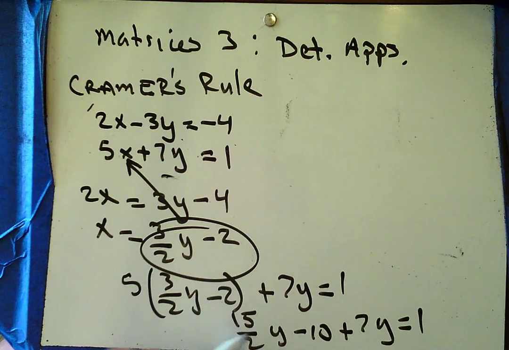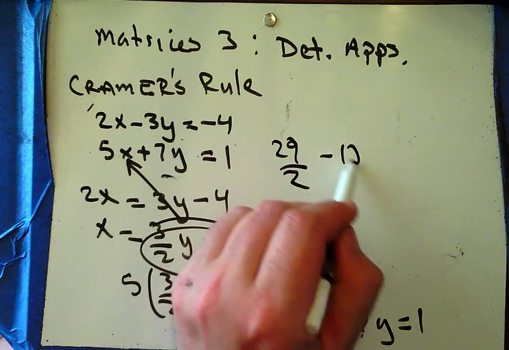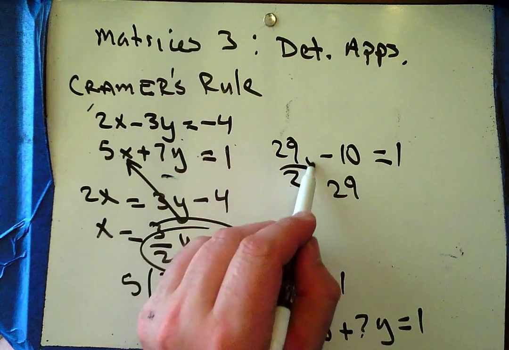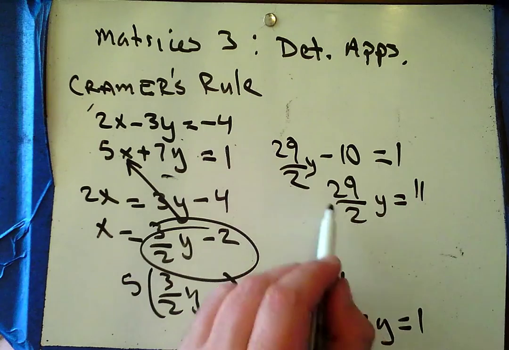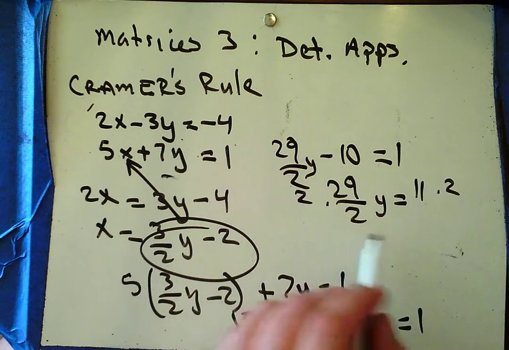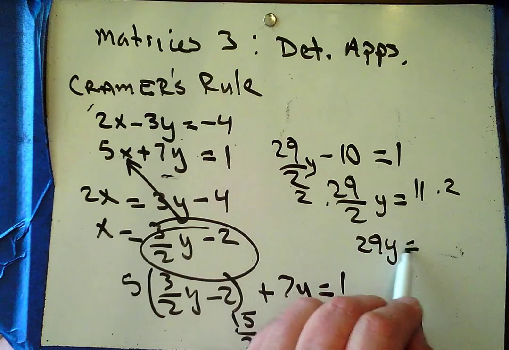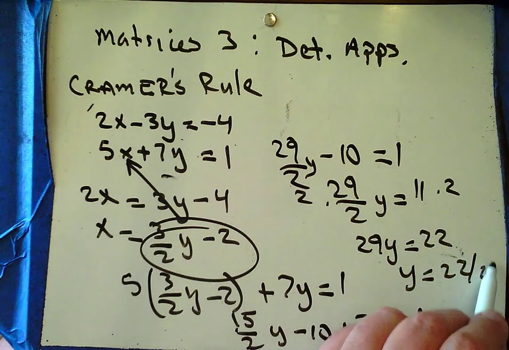Or 14/2 plus 15/2 is 29/2 y minus 10 equals 1. 29/2 y equals 11. I multiply by 2. I get 29y equals 22, or y equals 22 over 29.